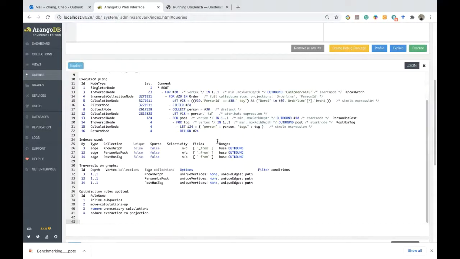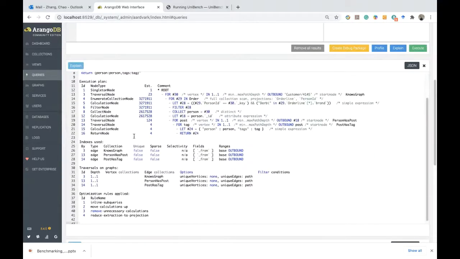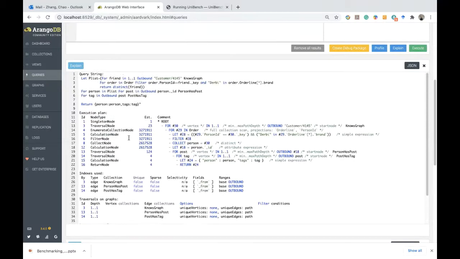By explaining the query, we can see what indices, what graph traversal, and what optimization rules have been applied. And for the execution plan, the query optimizer may make an estimate for each node in the execution plan.